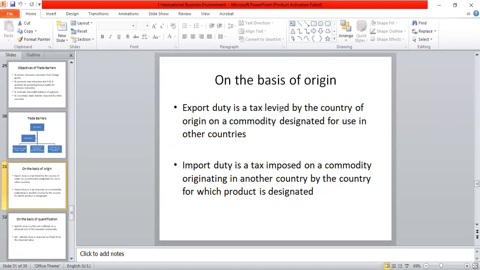When they increase import duty, it results in a higher price of the end product, and this higher price is nothing but the trade barrier. It is the barrier created on the basis of origin. So these are the two points on the basis of origin: export duty and import duty.